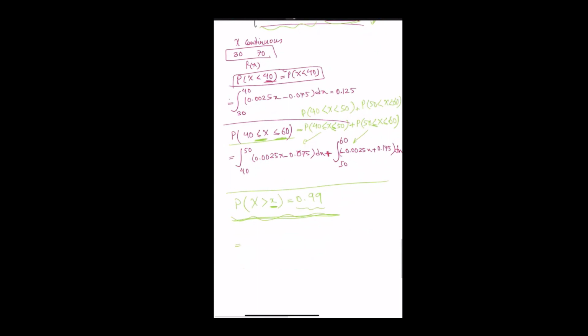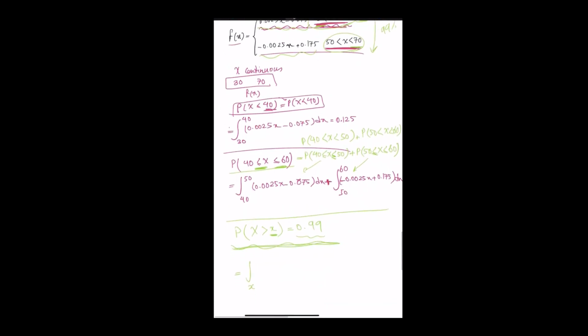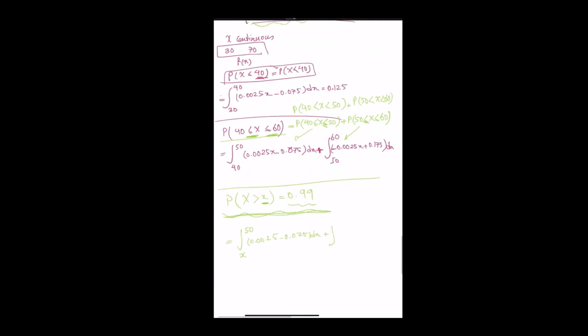So I would say this is the integral of probability of x to 50, 0.0025x minus 0.075 dx, plus the integral from 50 to 70 of minus 0.0025x plus 0.25 dx.